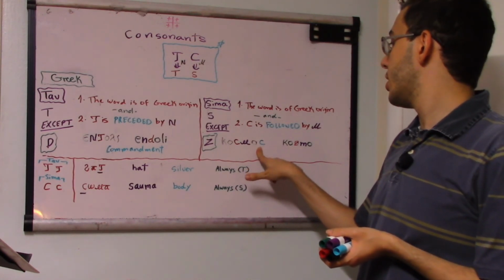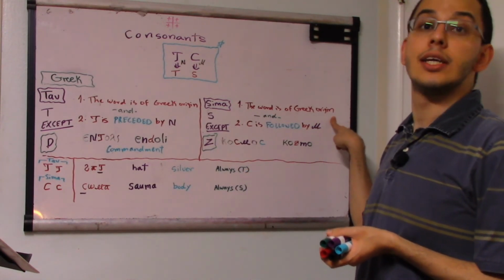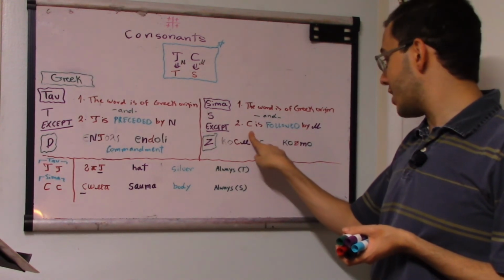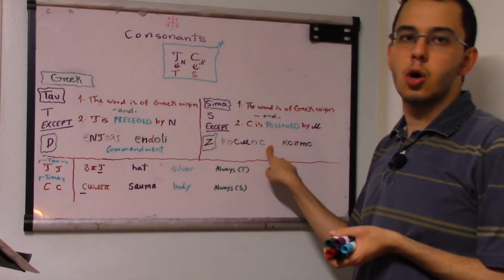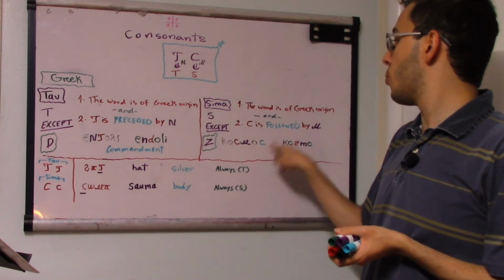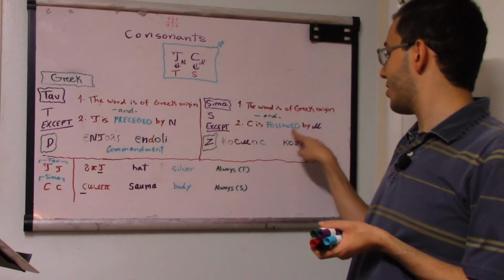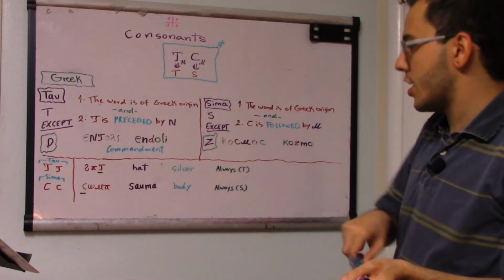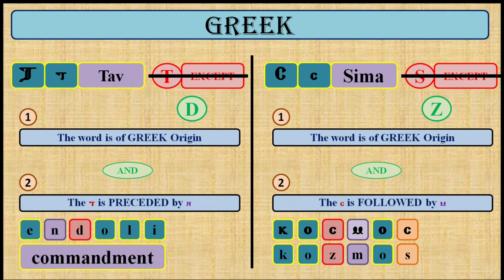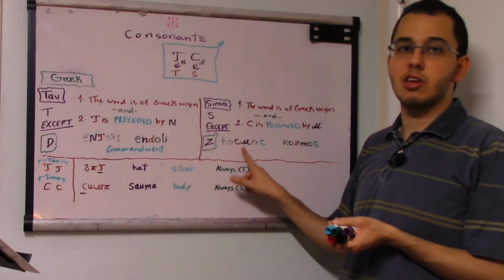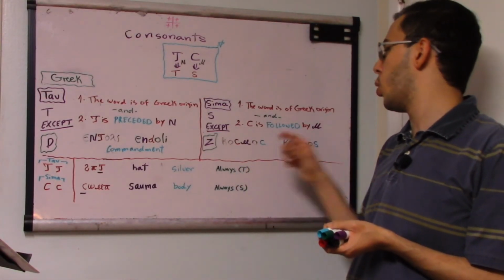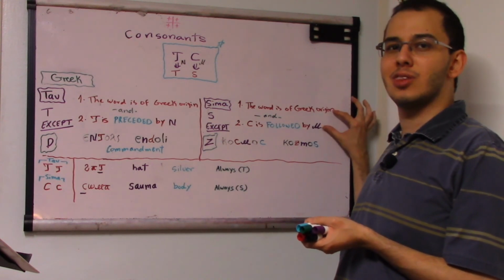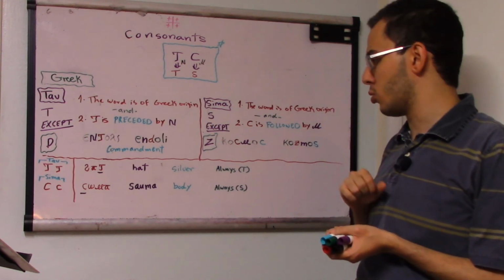So this Sima, is the word of Greek origin? Yes, it is. Is that Sima followed by me? No, there is nothing after it. So, because only one of the conditions is met and the second is not met, this is still an S like we're used to. And this is why I love to use this word, because this is the best word to show how both conditions have to be met in order for it to hold true.